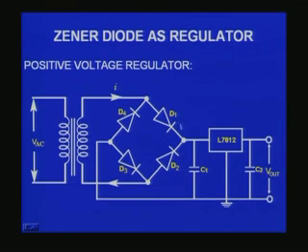Then I can use a bridge rectifier in the mode which we have already discussed, and at the output I put a capacitor of about 1000 microfarad or so to filter out the ripple voltages, and then I can just connect a 3-terminal regulator, which has 3 terminals: an input, a ground and an output.